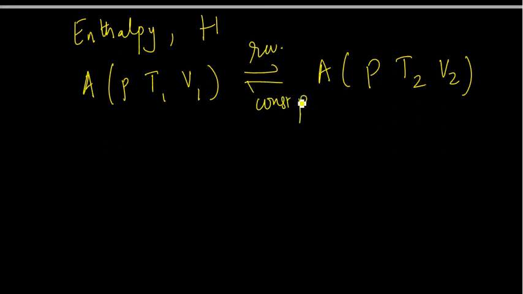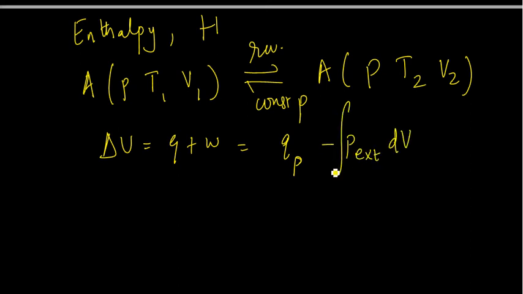Let's calculate the change in internal energy. From the first law, it would be Q plus W. This Q is the heat exchanged at constant pressure, so let me write it as QP, minus P external dV.